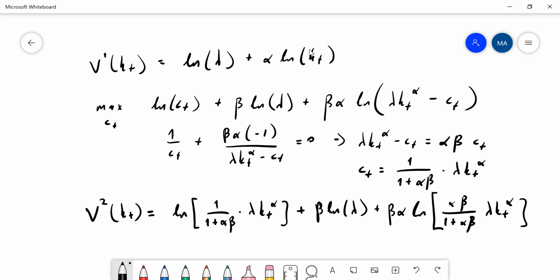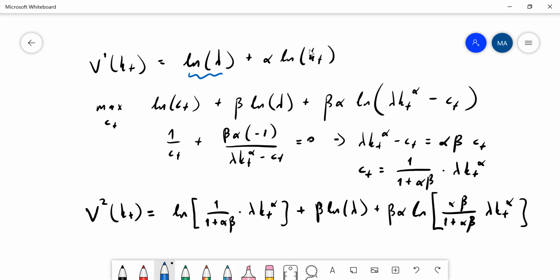Okay, now as you realize, this is V2, and now V2 is again a function like this, but parameters are different, right? There will be a bunch of constants, and so these constants will be different than ln lambda and alpha. For instance, you're gonna have alpha here, then you're gonna have alpha square beta from here, right?